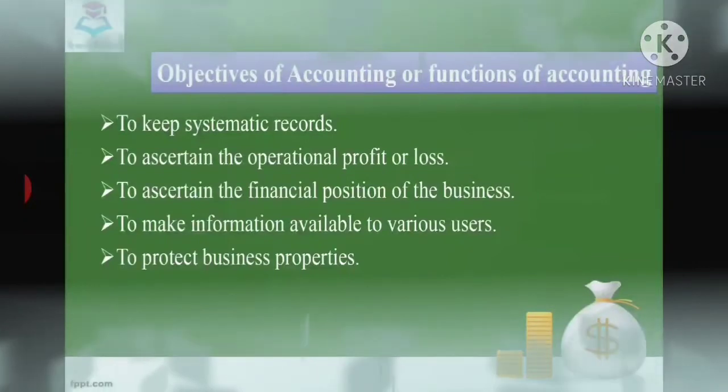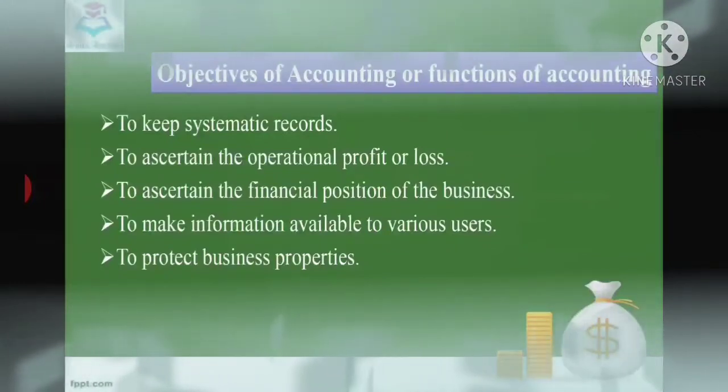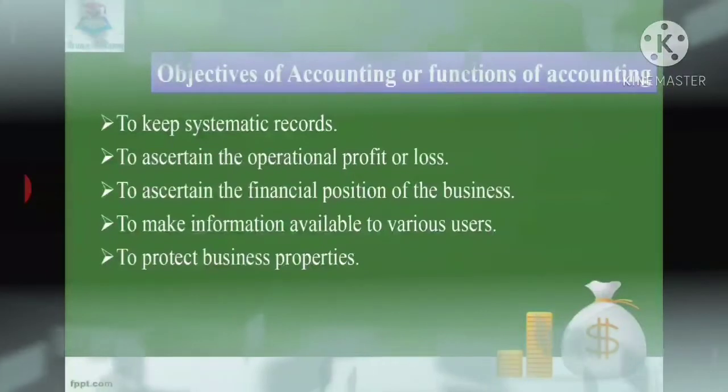If the organization is earning profit or suffering losses for a particular year, means in the particular financial year, we have to know whether the company is going to earn a profit or suffer losses.